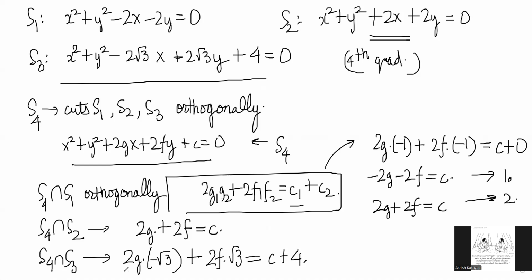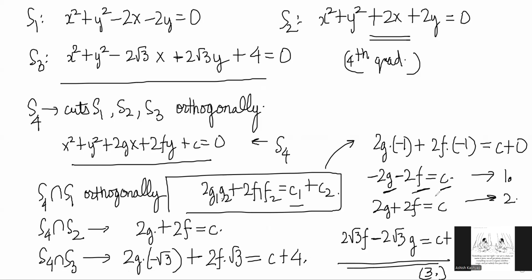So we have basically another equation, 2 root 3F minus 2 root 3G is equal to C plus 4. So this is the third equation. And from these three equations, I should be able to find G, F, and C, right? So if you add the two equations, 1 and 2, you can easily see that C is equal to 0, right?